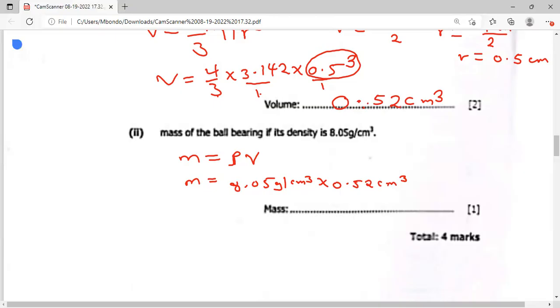So if you check, this cubic centimeters will divide there, and this one will also be divided like that. So what we are going to find now, it will be in grams.